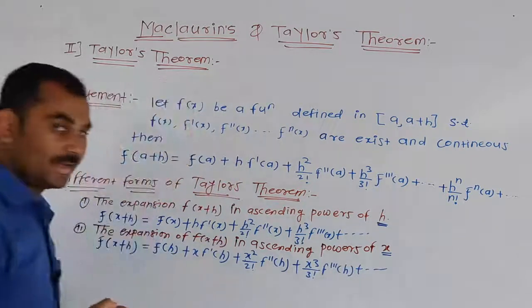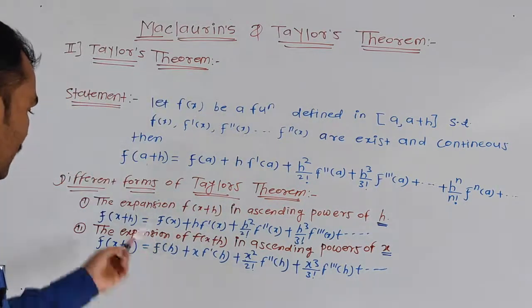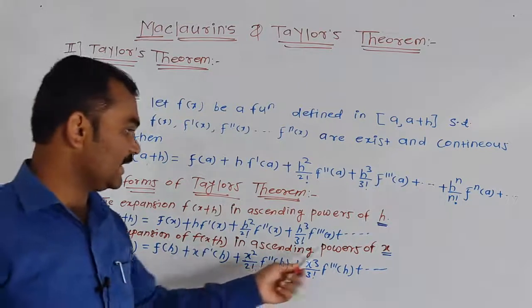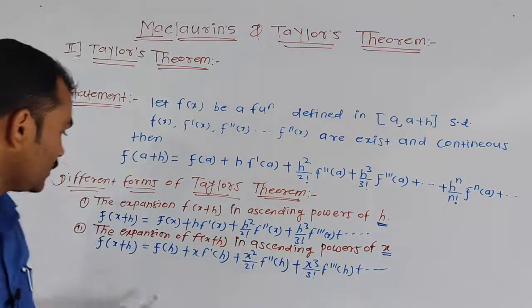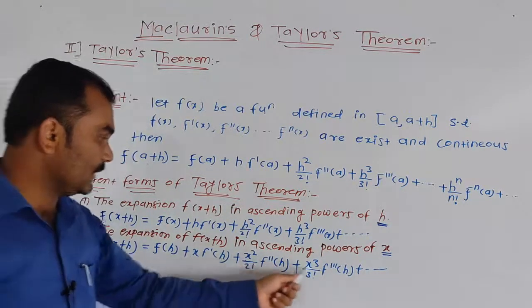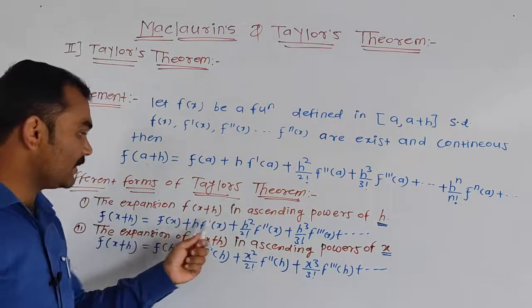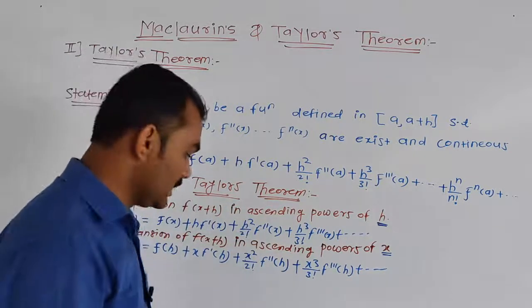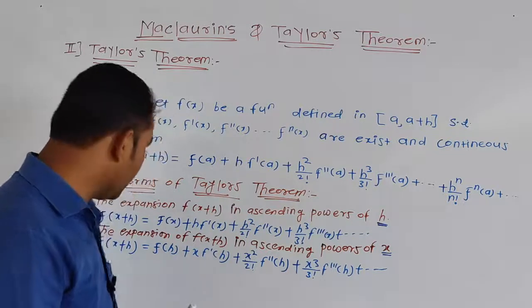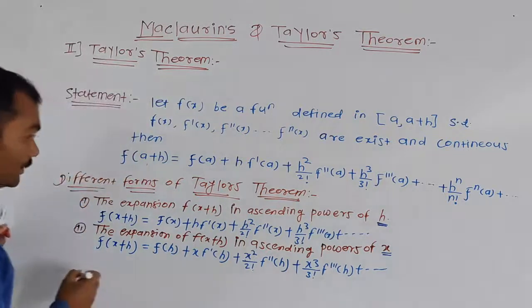This is the expansion of f of x plus h in ascending powers of x. This belongs to the powers of x, and the earlier one belongs to the powers of h. This is the difference. And the last form is very, very important.